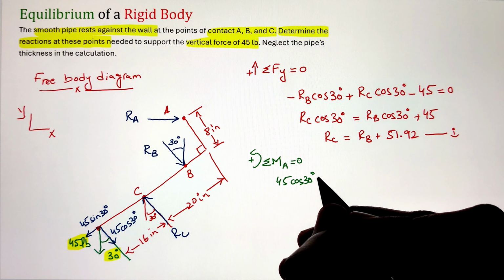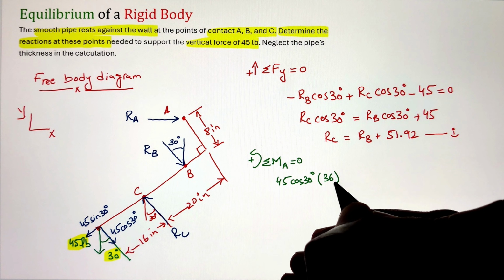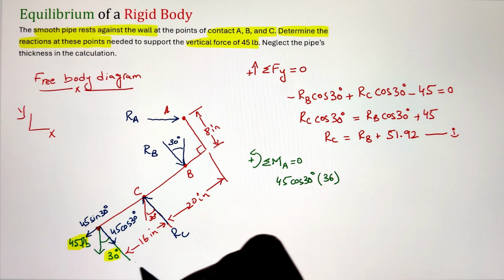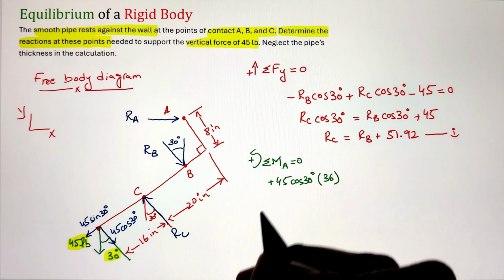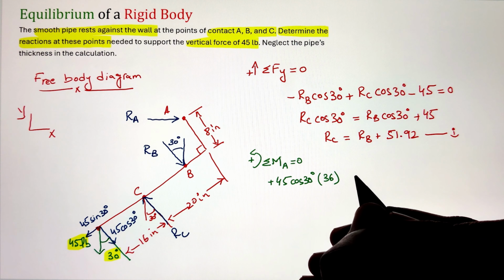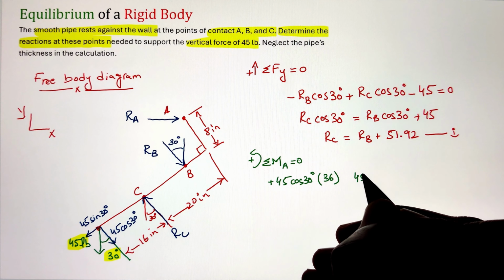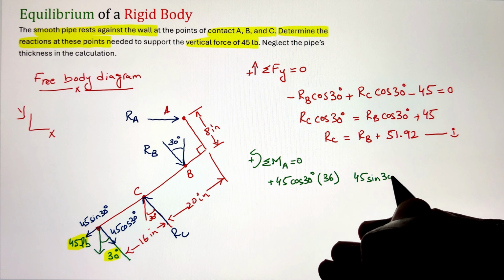Since the moment arm is already given along the axis of the pipe, let's resolve our 45 pounds into two components by taking the cos 30 and sin 30 functions, and then calculate the moment each one of them generates with respect to point A. So our 45 cos 30 has a moment arm of 36.